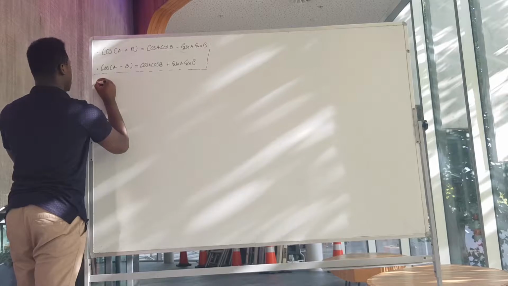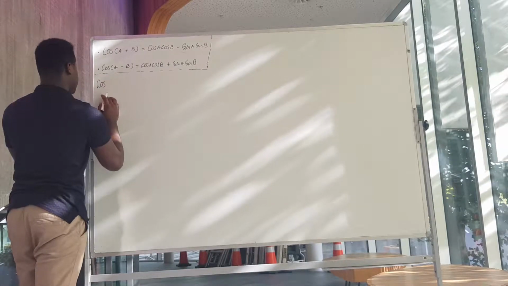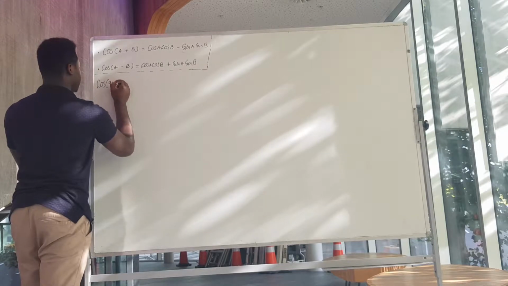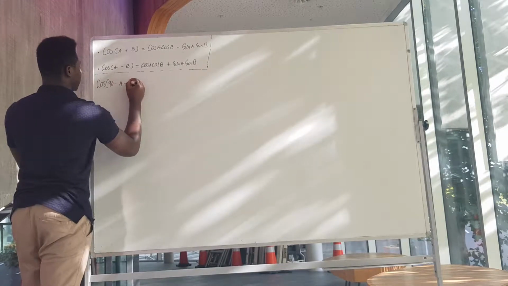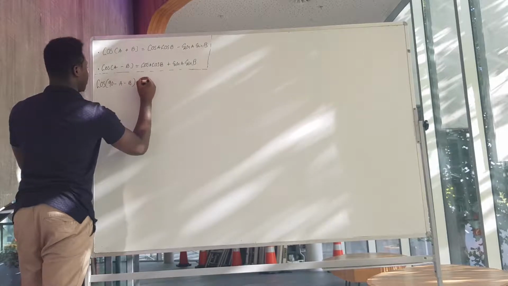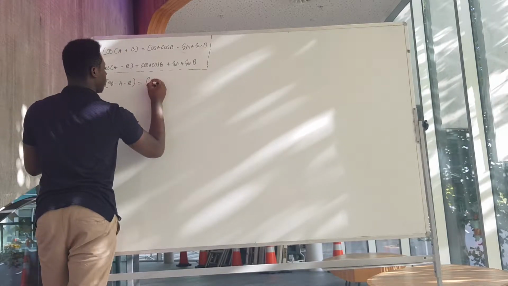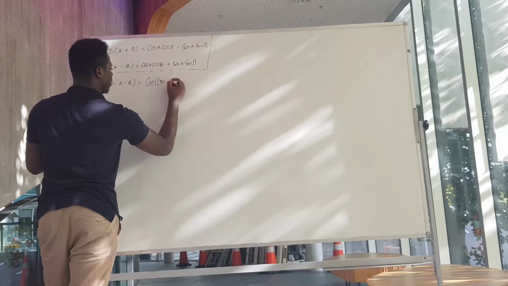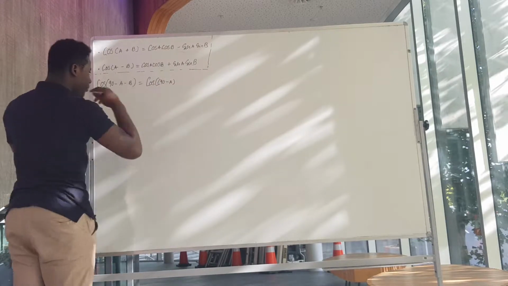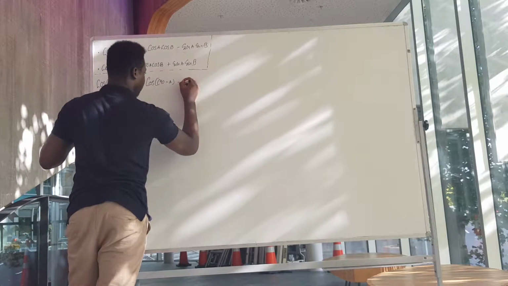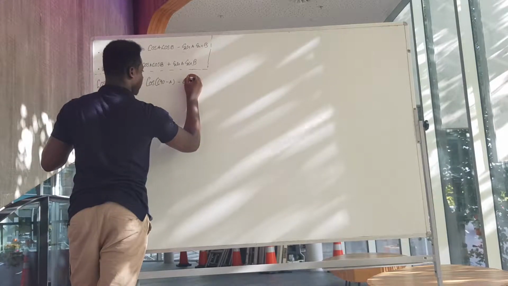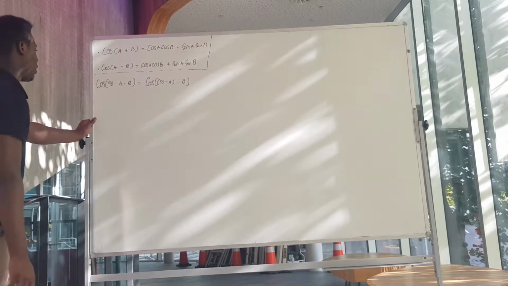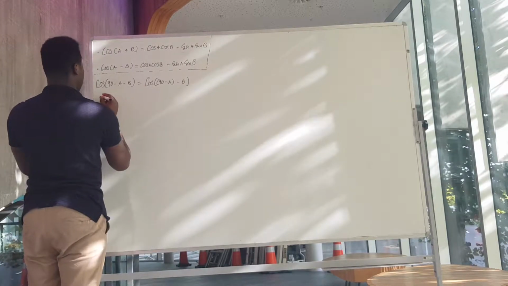So we have to derive sine from cosine. Let's say cosine of 90 minus a minus b. That's equal to cosine of 90 minus a, that's one angle, minus another angle, just b.